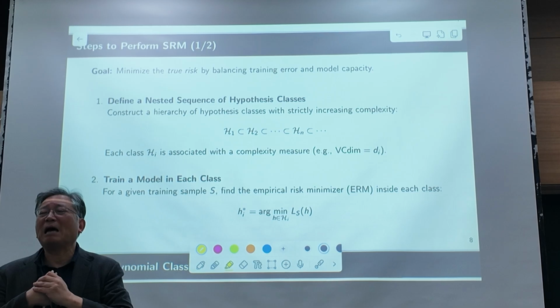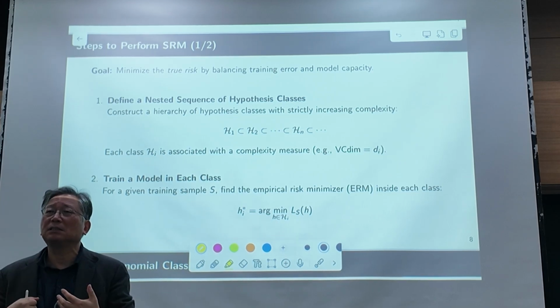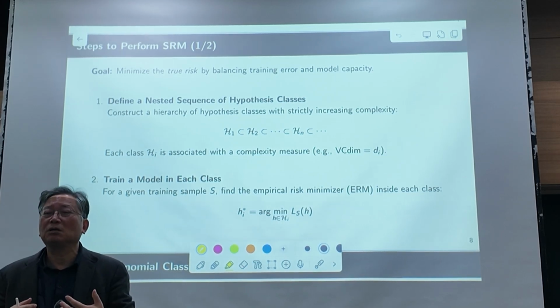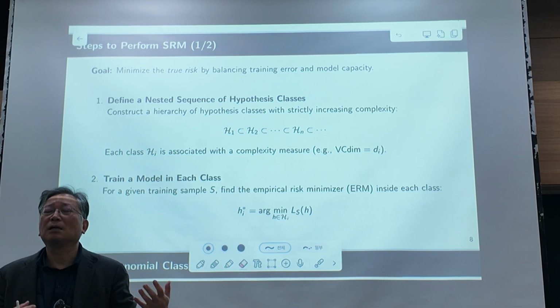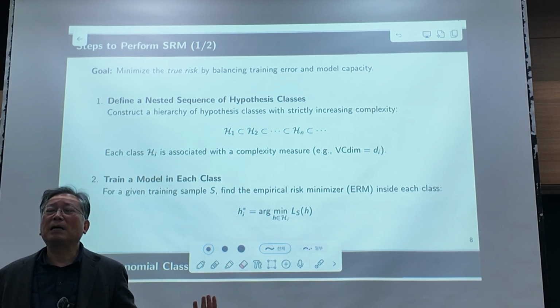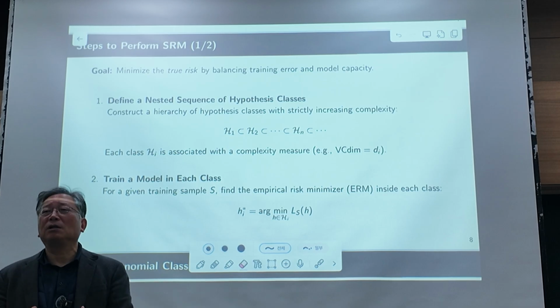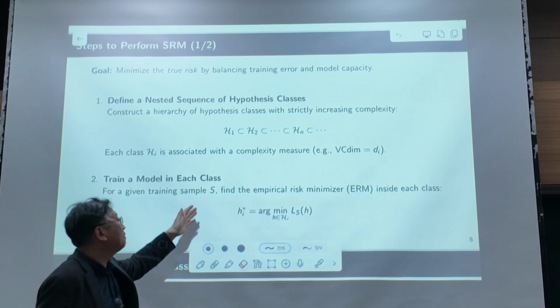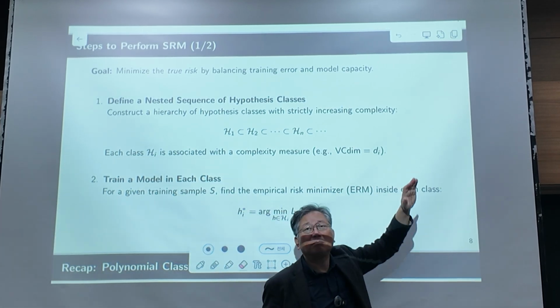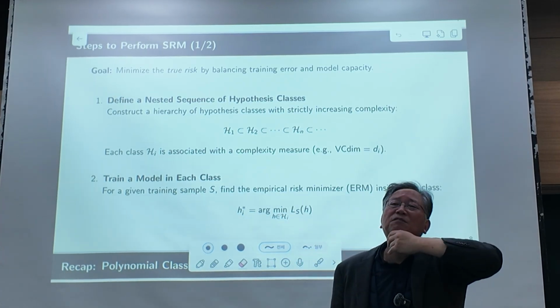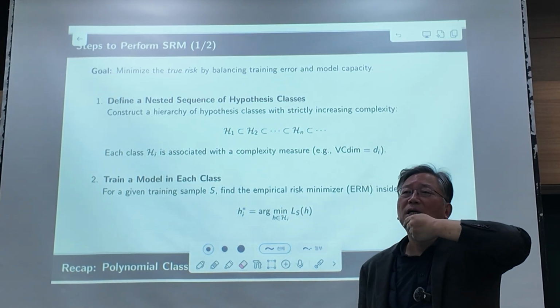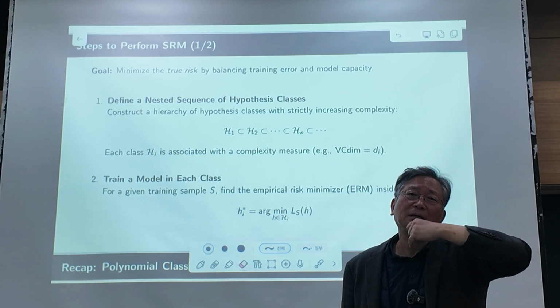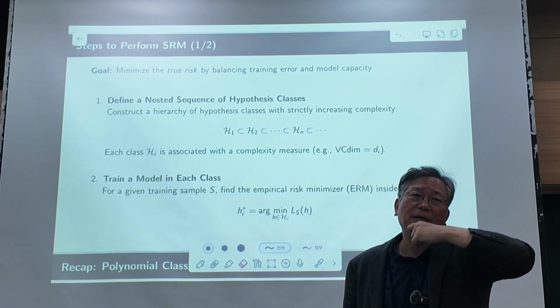And each of them has a finite VC dimension of n plus 1. But if I take the union of an infinite number of them, then the VC dimension is infinite. Okay?